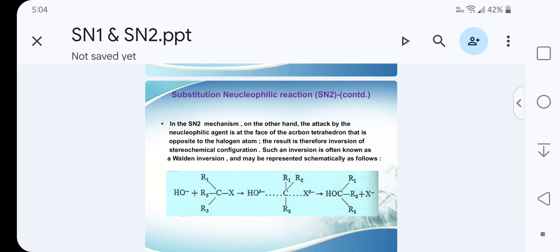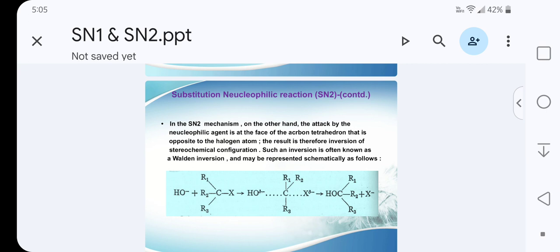This is SN2, where the reaction involves only one step, a single step. The nucleophile attacks the carbon atom from the rear side, and from the front side the leaving group leaves. So the obtained alcohol, on comparison with the reactant alkyl halide, will have exactly the opposite configuration. So here the molecule is being inverted.